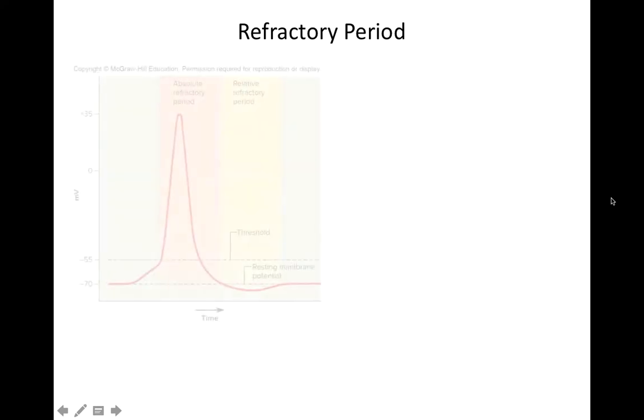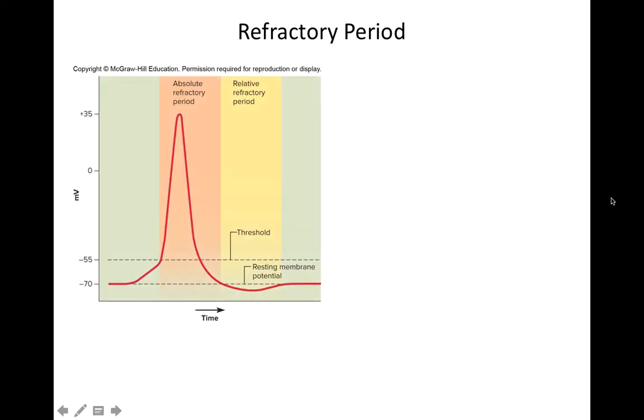Now, there is a refractory period where we have to take into account how soon can the neuron have another action potential. So how quickly do those waves we just saw show up? So if we follow an action potential, here's our local potentials.